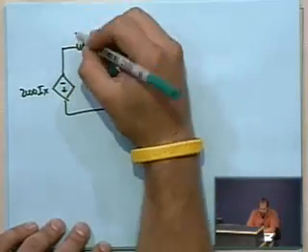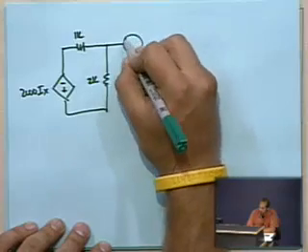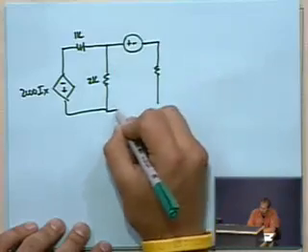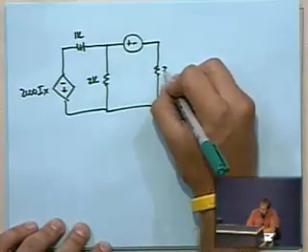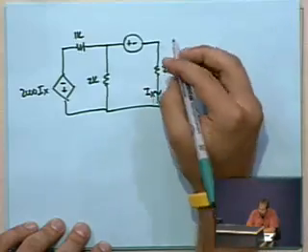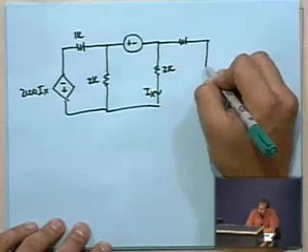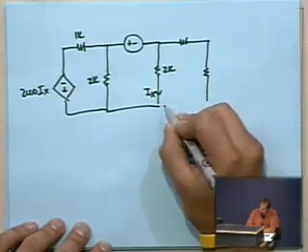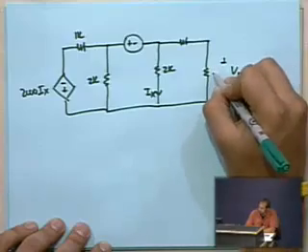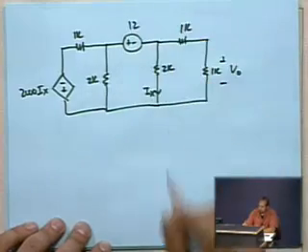This is a 1K resistor, this is a 2K resistor, here's a 12 volt source. This is a 2K resistor. Here is the controlling parameter Ix. Here's a 1K resistor. Here's another 1K resistor. And the thing that we're interested in, V0, is the voltage across that far right 1K resistor.